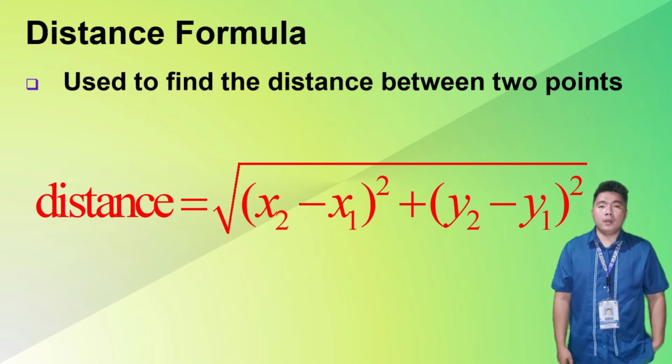And we came up with the distance formula, which is distance is equal to the square root of the quantity of x sub 2 minus x sub 1 squared plus y sub 2 minus y sub 1 squared, given any 2 points in the Cartesian plane.